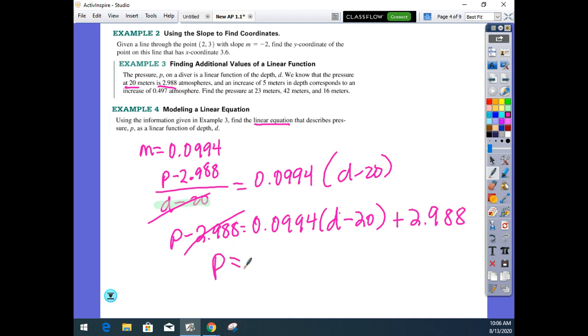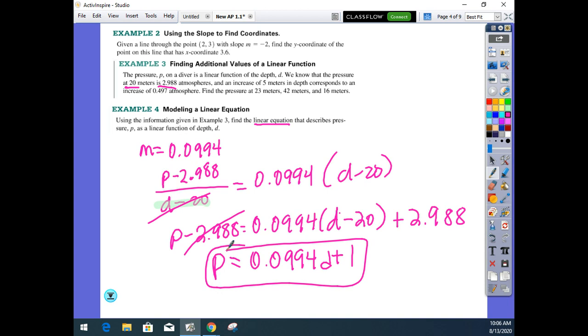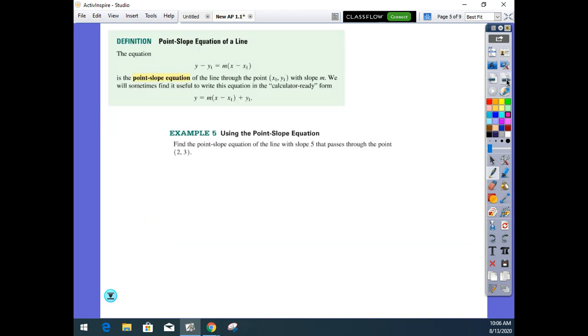So P as a function of D. When you distribute and put it all together, you get this equation. It's always a little more annoying when you've got all these decimals, but that's your real world stuff, and you're going to see a lot of that this year.